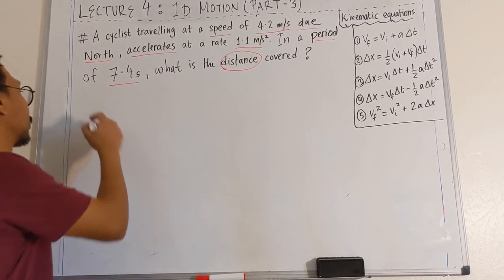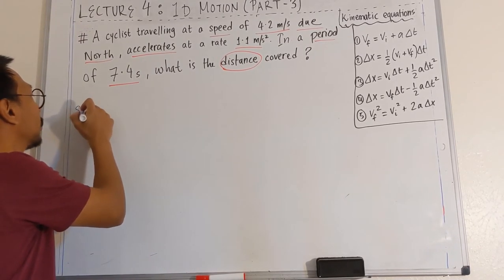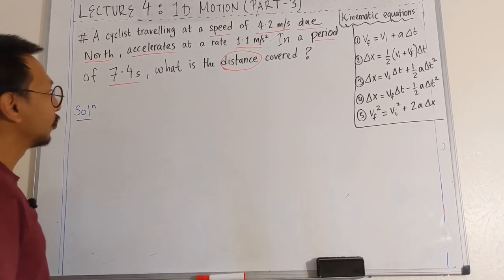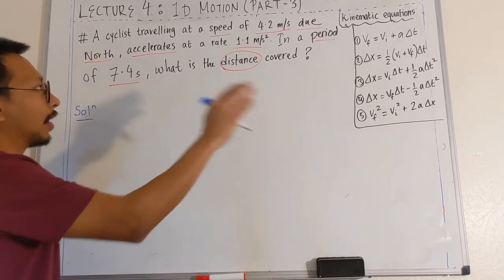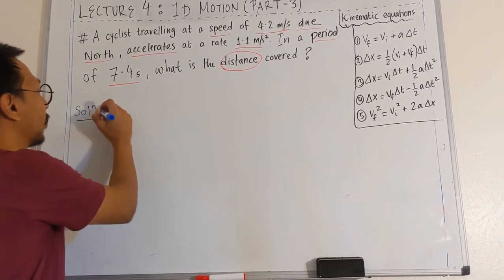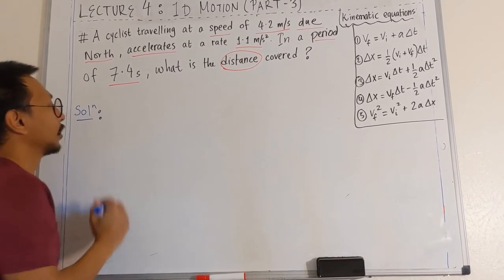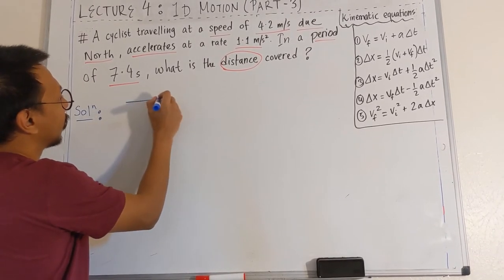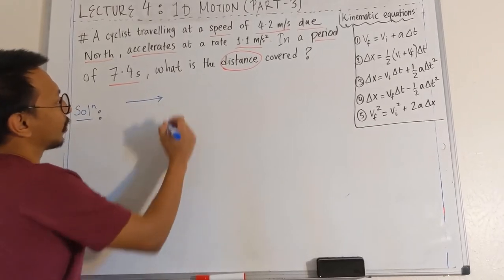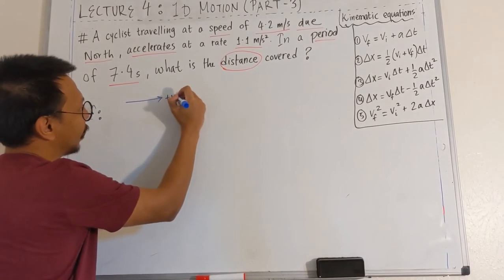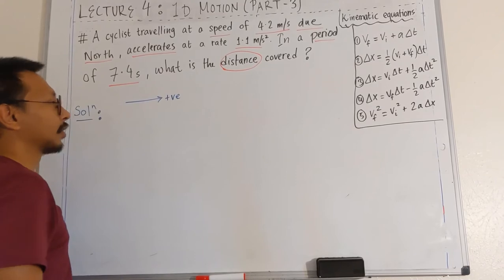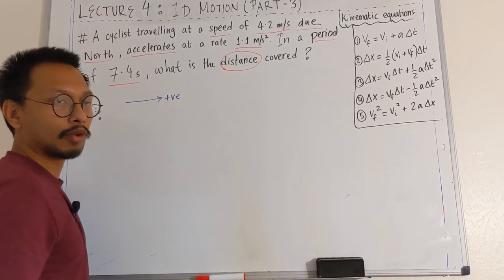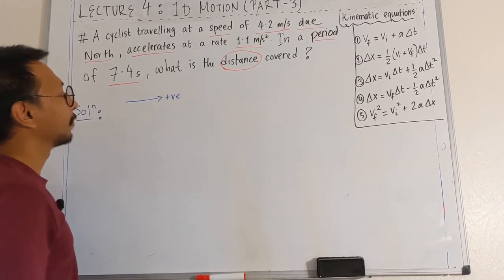First of all, as always, draw a simple figure. Draw a simple figure to help you guide yourself through the problem. Let's see. So let's first define a positive direction. So I have defined left to right as positive. So anything going from right to left would be automatically negative.